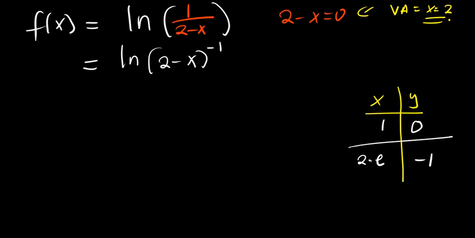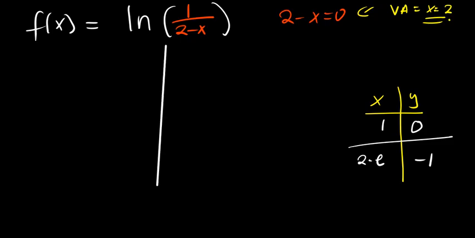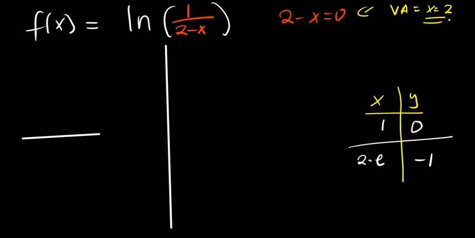After finding these coordinates, I can come back now and sketch this. I have my vertical asymptote at x = 2, which is here.